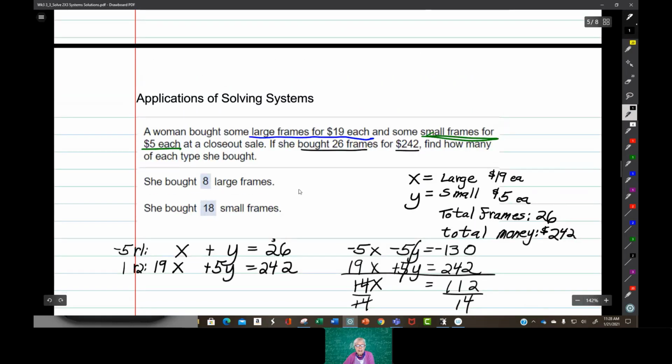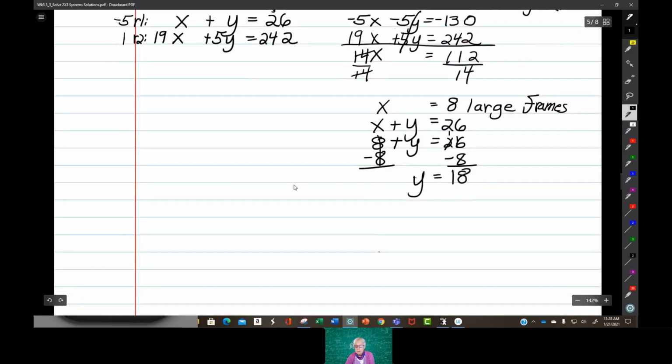But yes, she bought 18 small frames, so Y equals 18 is 18 small frames. So if your spouse or partner goes out and spends a whole lot of money getting 2 things, you can figure out how many of each one they bought.